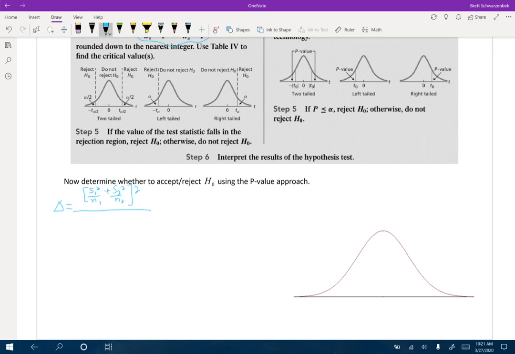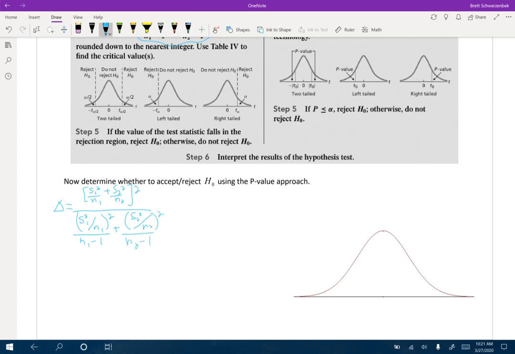That's going to be over the variance again, divided by the sample size squared, divided by n1 minus 1, and then again, variance squared over n2, all squared, for n2 minus 1.